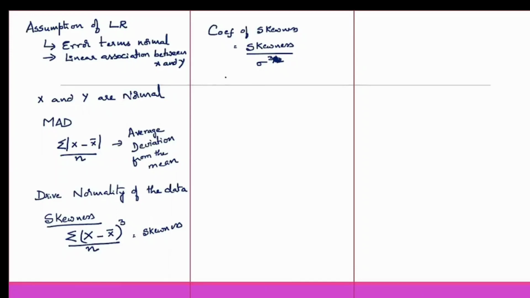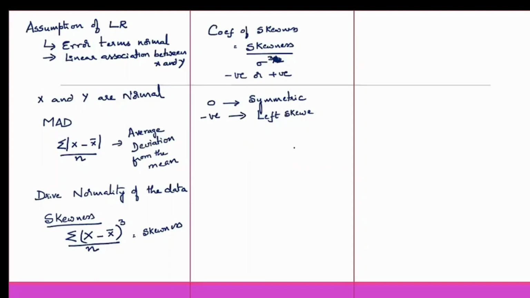It can be negative or positive. Obviously, if the value is 0, we say the data is symmetric. If the value is negative, we say that the data is more left skewed.